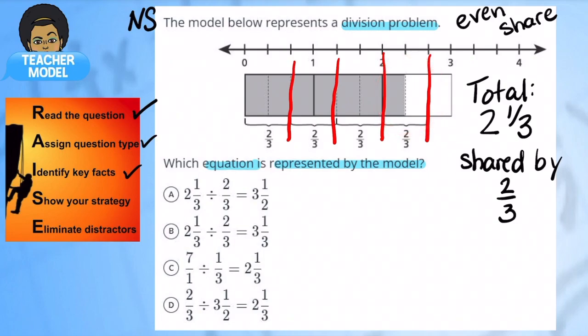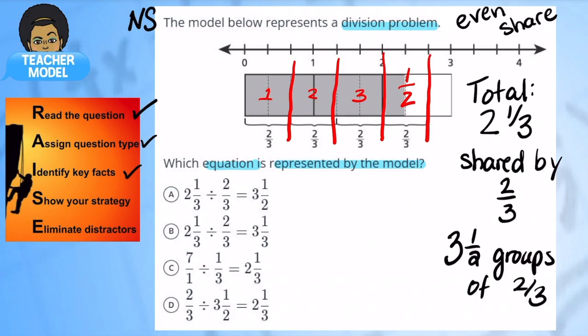Matter of fact, it's only halfway filled. So this is telling me that I have 1, 2, 3.5. I have 3 1/2 groups of 2/3. So there's a lot in this picture that I had to unpack and notice.